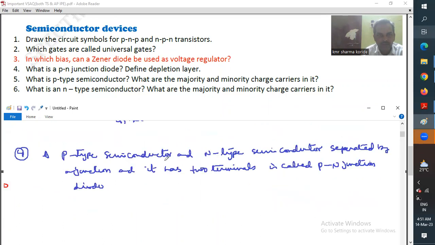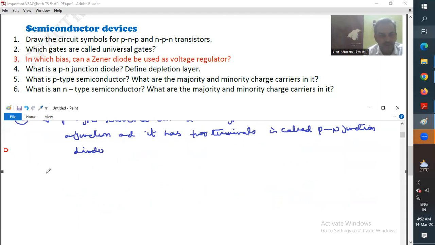The other part of the question is define depletion layer.